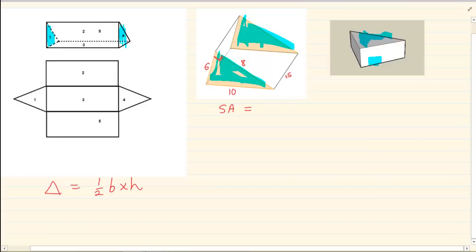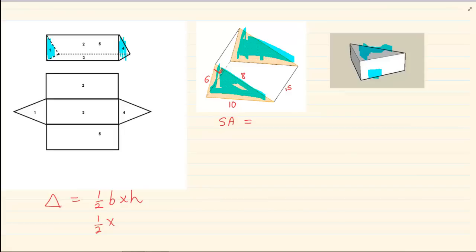So in this case it would be a half times the base. Remember, the base and the height have to touch the 90 degree. So in this case it would have to be 8 and 6. So it would have been half times 8 times 6. But how many triangles are there? Look how many triangles there are, and they are exactly the same.